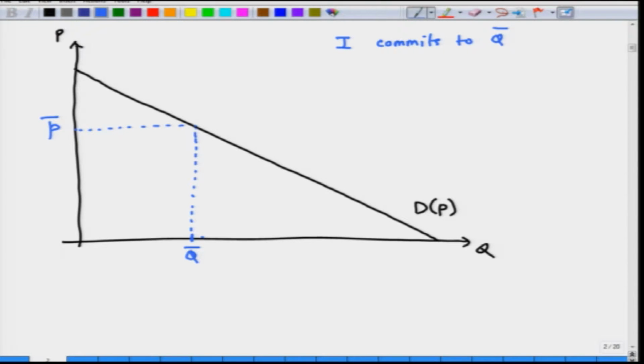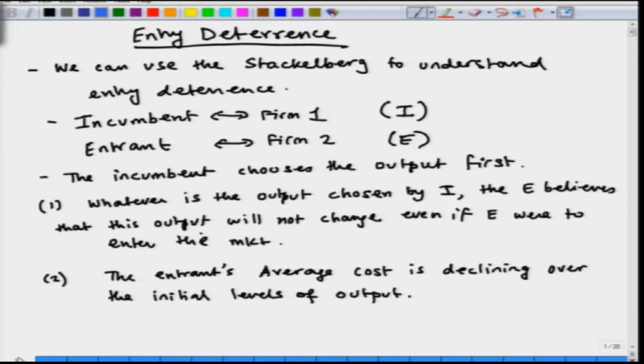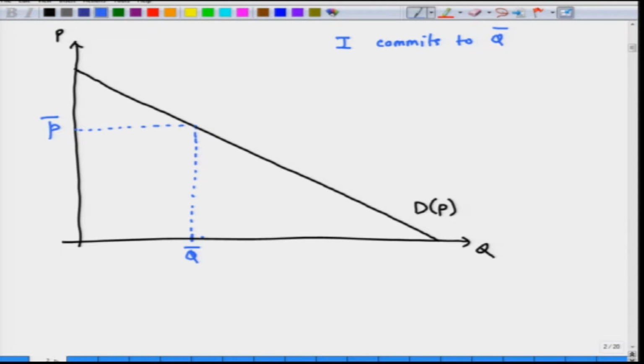Now, the assumption 1 says that whatever is the output chosen by the incumbent, here Q bar, the entrant believes that this Q bar will not change. So, the incumbent is committing to producing Q bar units. The residual demand for the entrant is essentially the market demand less the Q bar units that the incumbent has already sold, right.